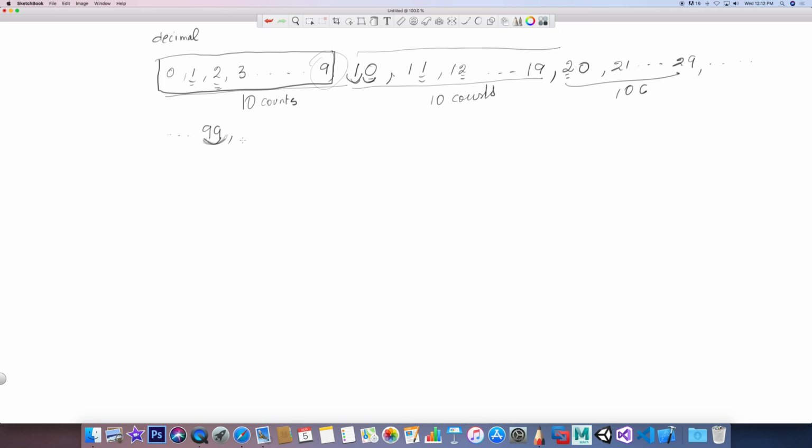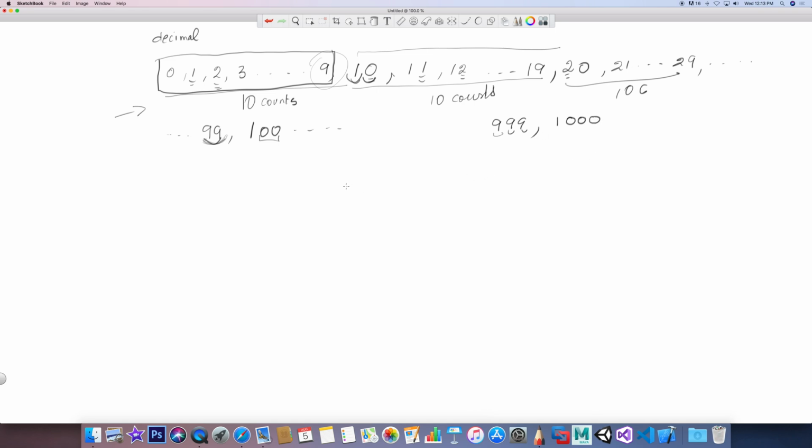So now our pattern will be 0, 0, 1, which is 100. This keeps on going, repeating just like we did with the first batch, until we reach 9, 9, 9. Each one of these digits has reached its maximum. Then we add an extra digit and reset the others to 0.